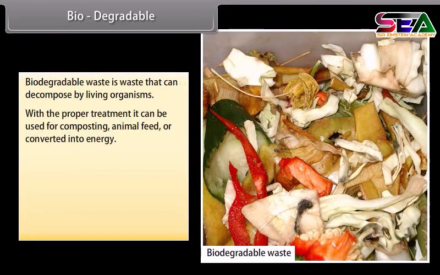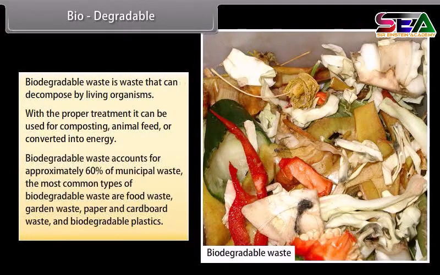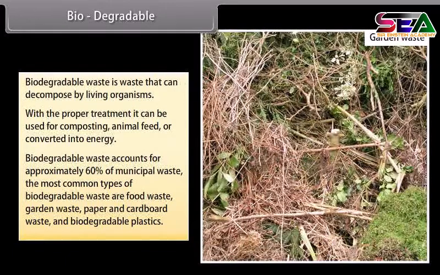With a proper treatment, it can be used for composting, animal feed, or converted into energy. Biodegradable waste accounts for approximately 60% of municipal waste. The most common types of biodegradable waste are food waste, garden waste, paper and cardboard waste, and biodegradable plastics.